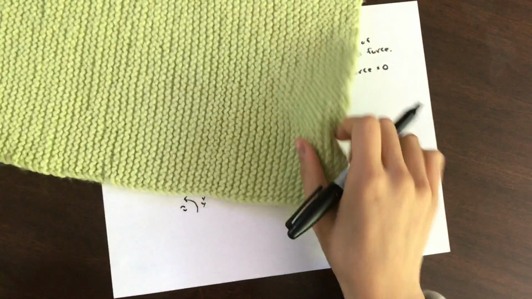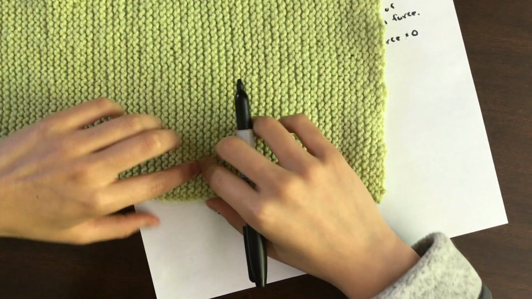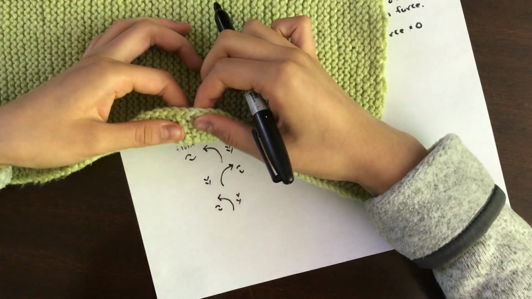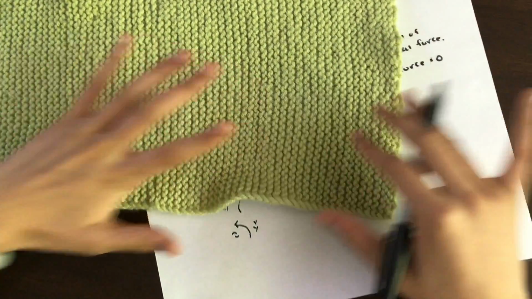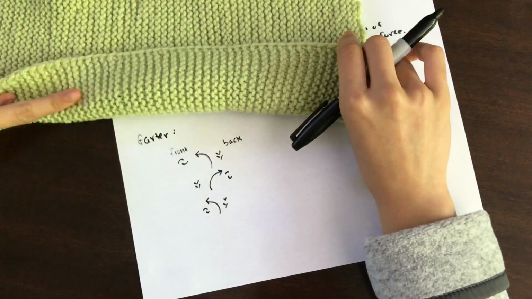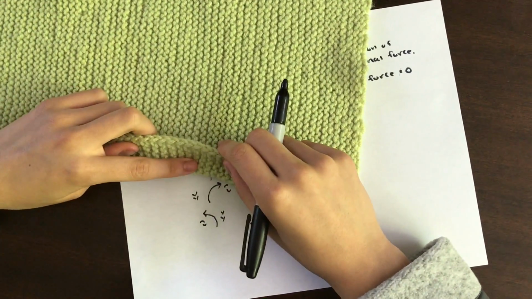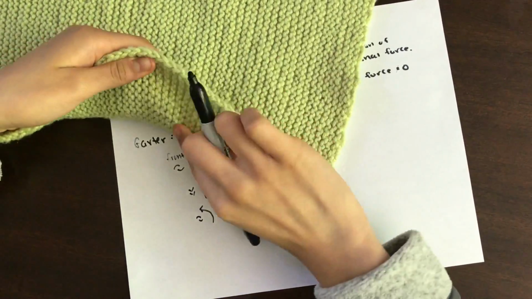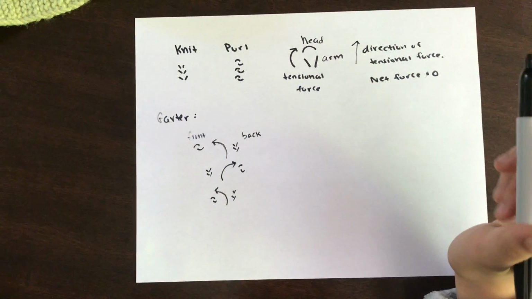Because as you can see, this row is a row of heads. But when you turn it over, it's actually a row of arms on the back. So the back always has the opposite component. If the front are heads, the back are arms. If the front are arms, the back are heads. So this sort of pattern is created.